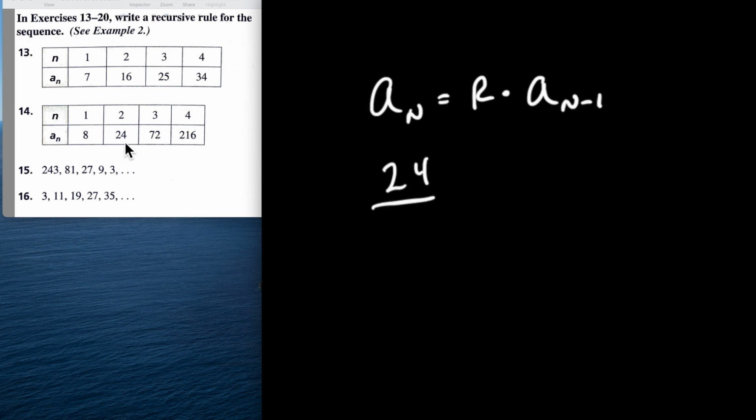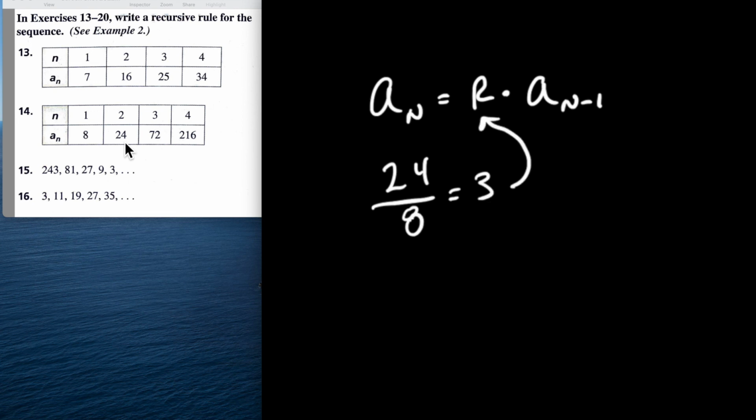So if we want to write a recursive rule, a general rule to find a sub n, we're going to take our common ratio and multiply that by the value of the position just to the left. What is our common ratio? To get that, we take 24 and we divide it by 8, and we get 3.